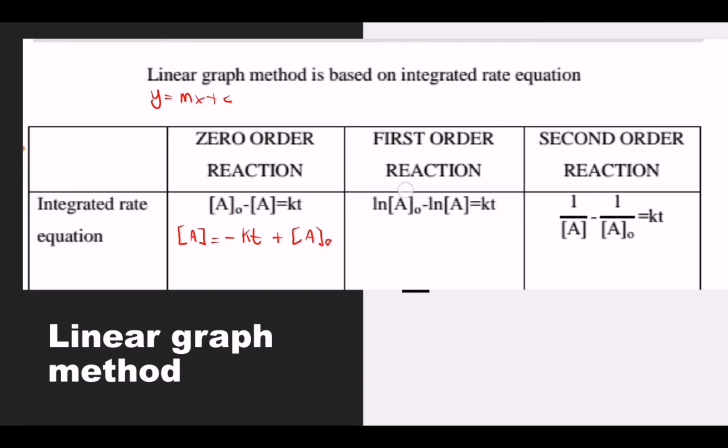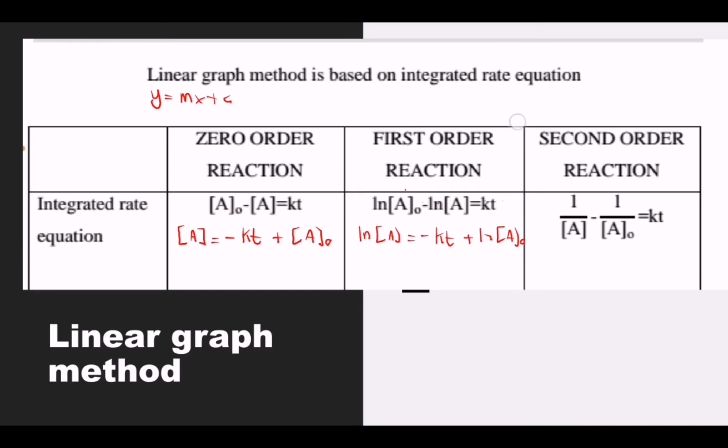For first order reaction, ln A kita akan pindah sebelah sana, KT kita akan pindah ke sebelah sini. Okay, so bila kita susun semula, kita akan dapat ln A is equals to negative KT plus ln A0.